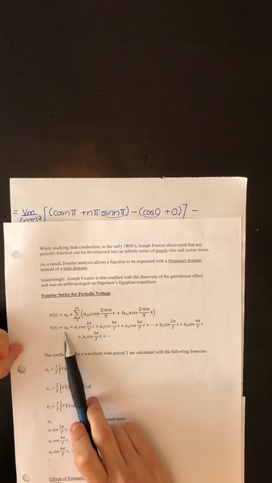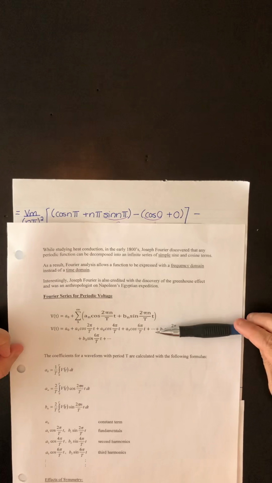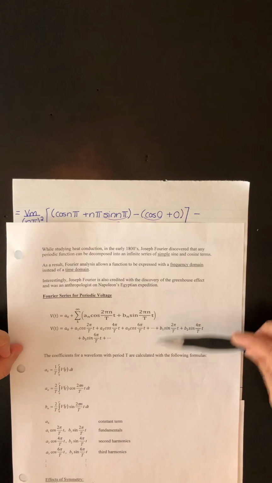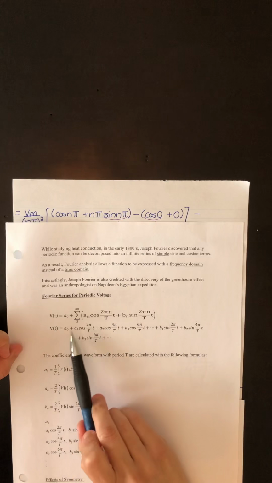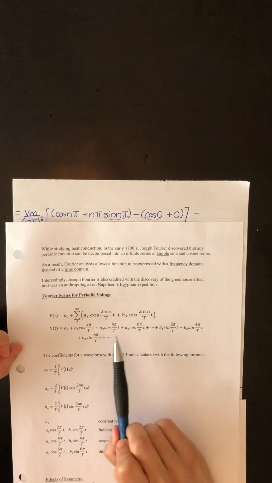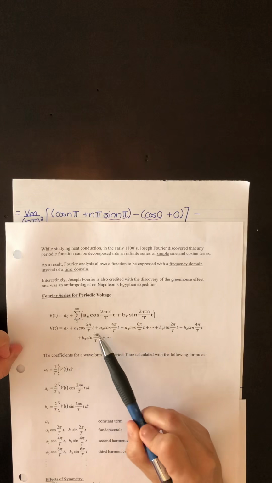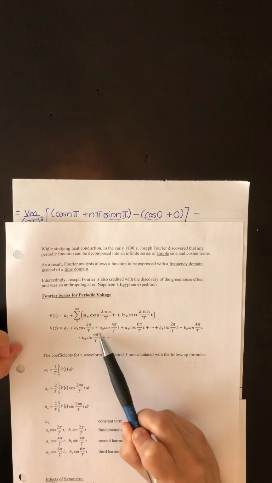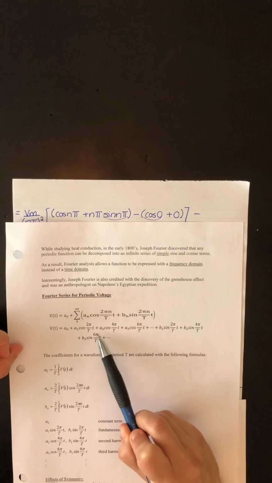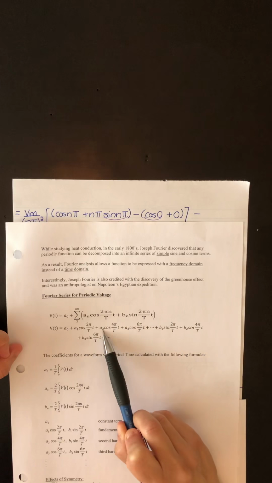So we have an A0 value. We don't have any of these sine terms. So we have this. And then we have these, the odd ones only though. So we'll have this one and this one, every other one. So we don't have the ones with even numbers for their subscripts.